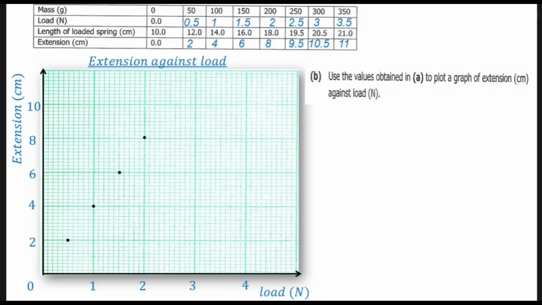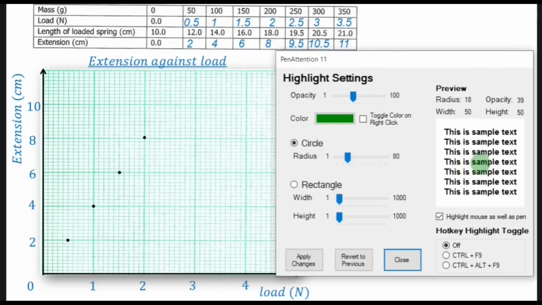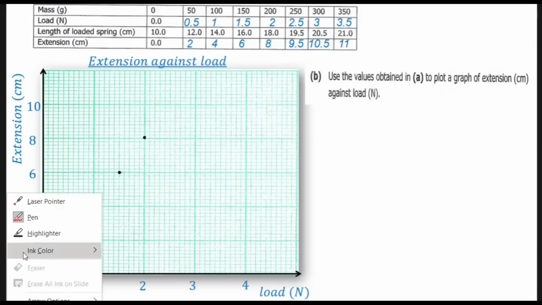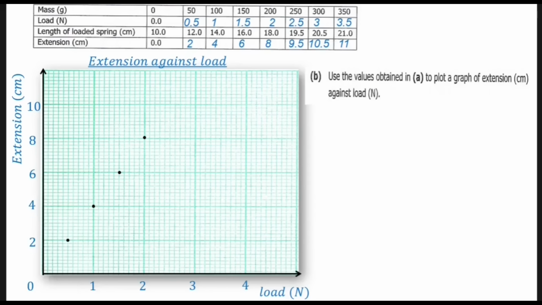I need to turn on my highlighter, turn off. Okay, then I come here, then I pick this one. Yeah, so I start counting nicely.